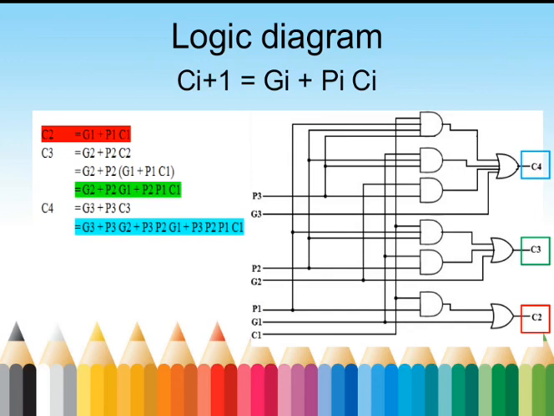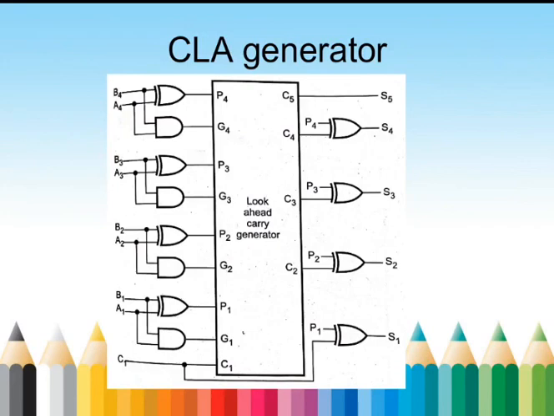Using the look ahead carry generator, we can easily construct a 4-bit parallel adder with a look ahead carry scheme. In this given diagram, each sum output requires 2 XOR gates. The output of the first XOR gate generates Pi, that means P1, P2, P3 and P4.